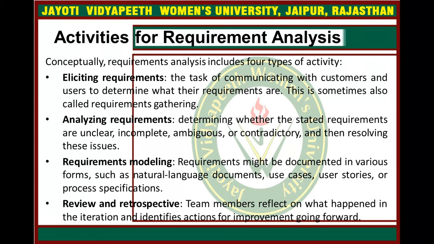First is eliciting requirements: the task of communicating with customers and users to determine what their requirements are. This is sometimes also called requirements gathering. In analyzing requirements, we determine whether the stated requirements are unclear, incomplete, ambiguous or contradictory, and then resolve these issues.